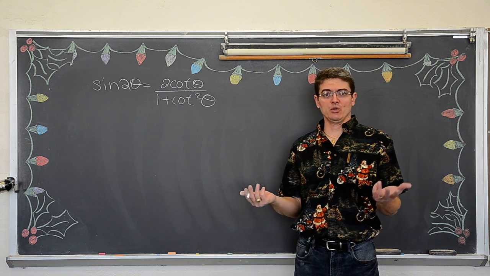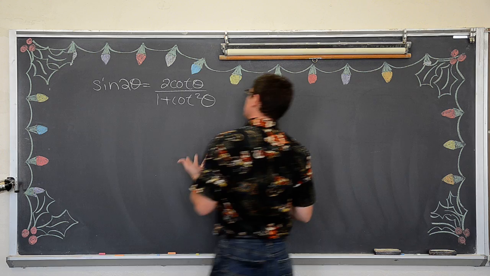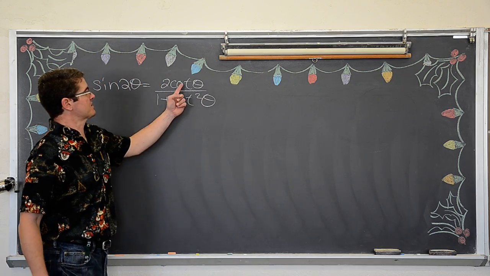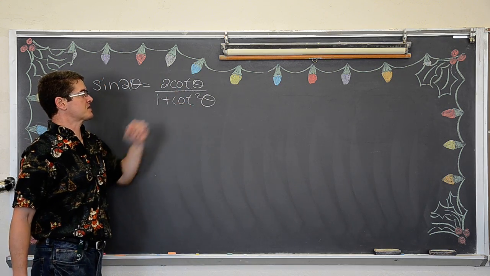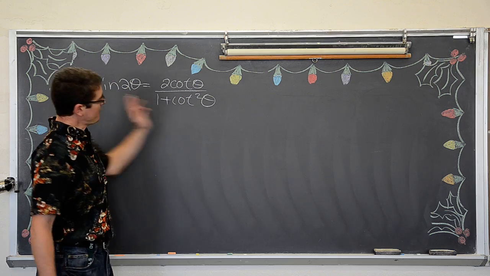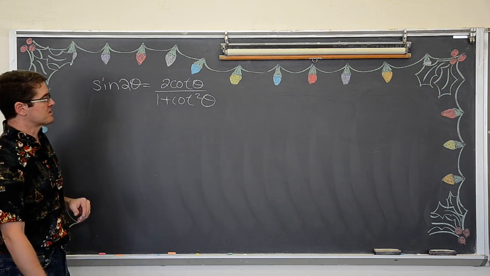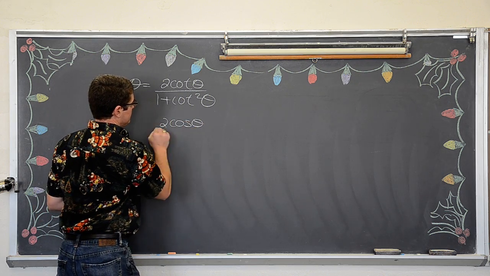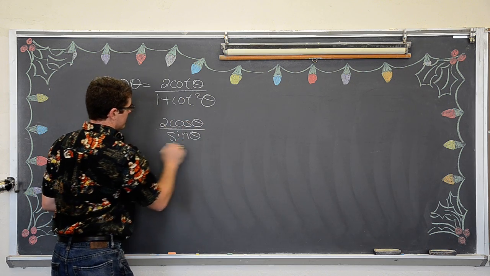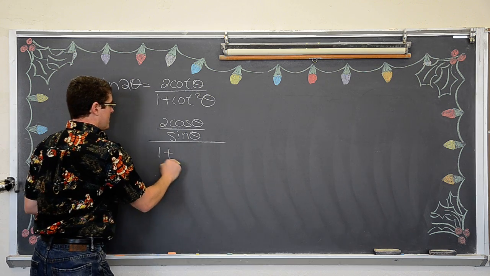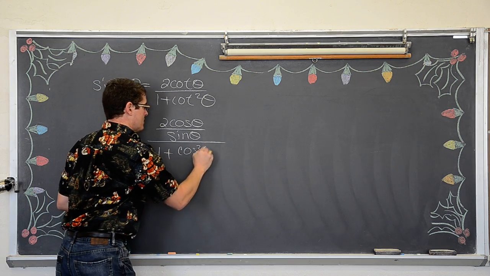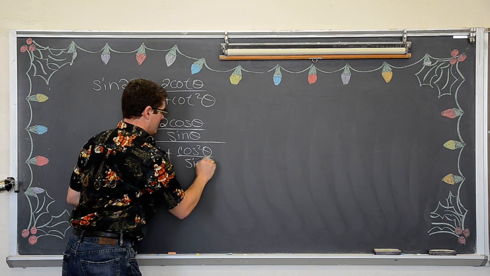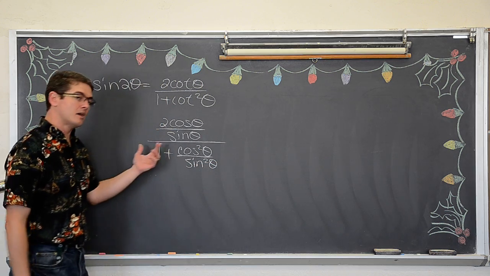Well, what to do? First thing you could do is go BAM! This is cosine over sine, this is cosine over sine. Find common denominators, do all that good stuff, and it's going to look something like this. 2 cosine theta over sine theta over 1 plus cosine squared theta over sine squared theta. We need a common denominator.